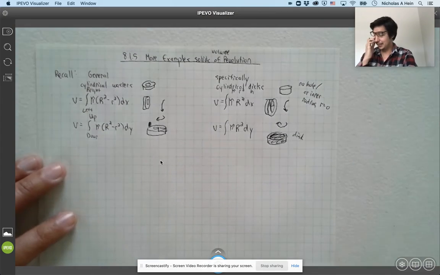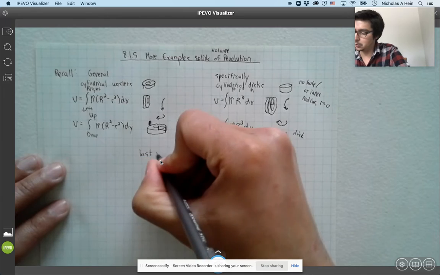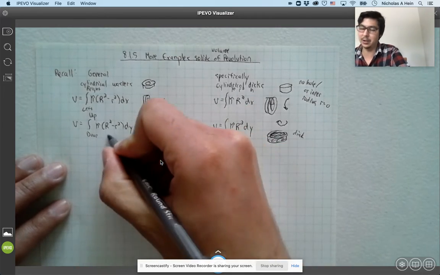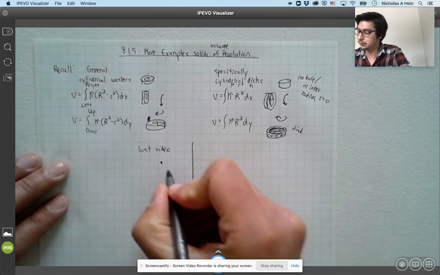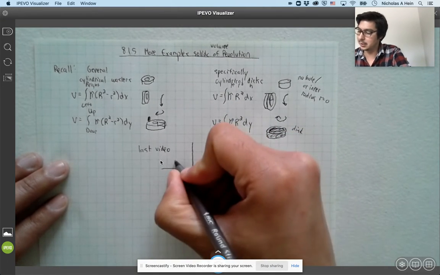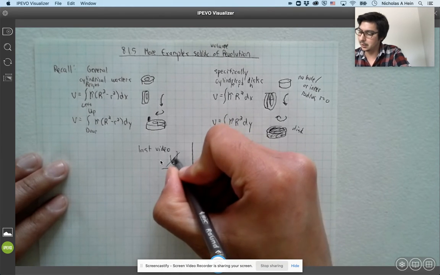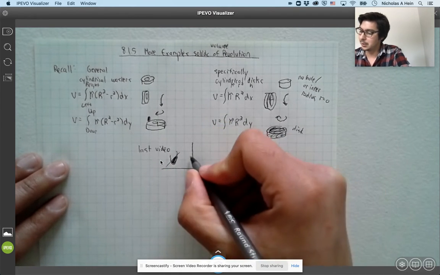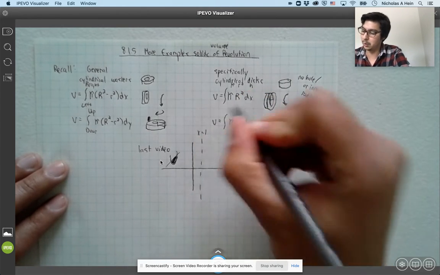In the last video, do note to be careful when talking about your radius. For example, say you had some bounded region, and we're rotating about the line x equals 1.